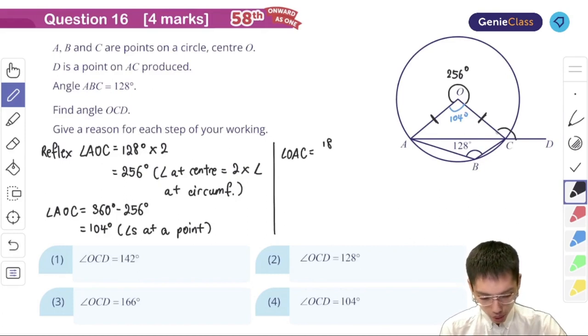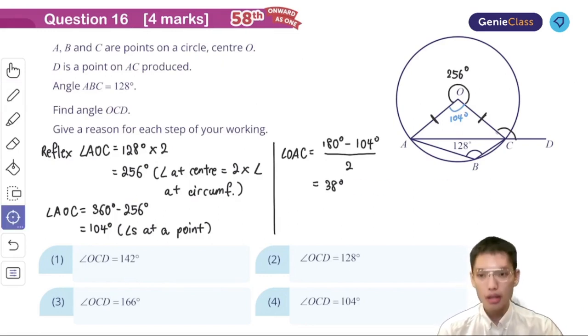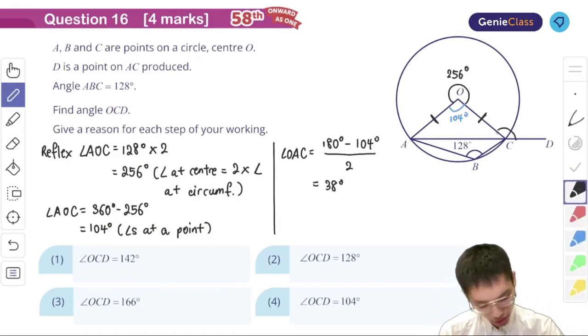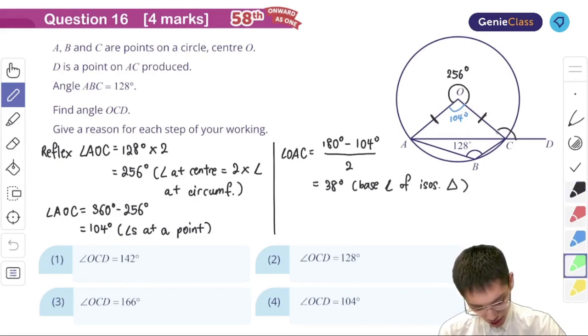We can find OAC first: 180 minus 104, divide by 2. That gives me 38 degrees. Why is this so? By right, you should write it here, but because of space constraint, let me fit it here. It is the base angle of an isosceles triangle. So therefore, I find OAC.